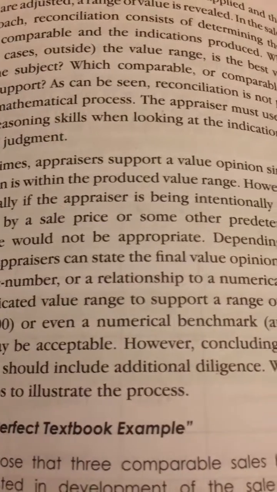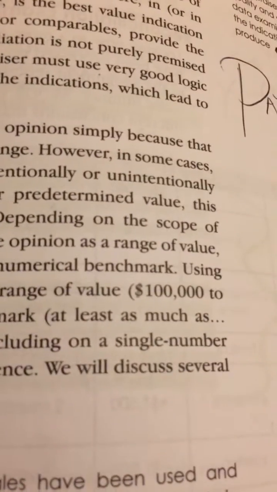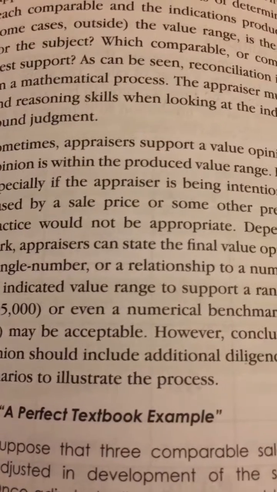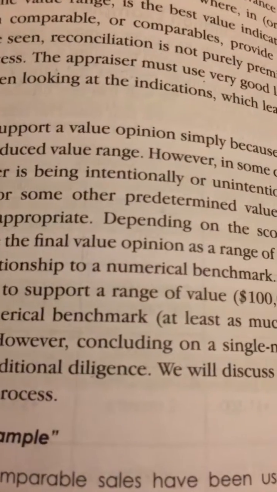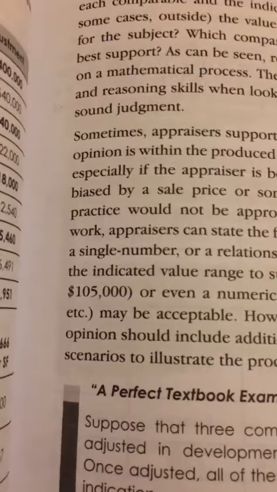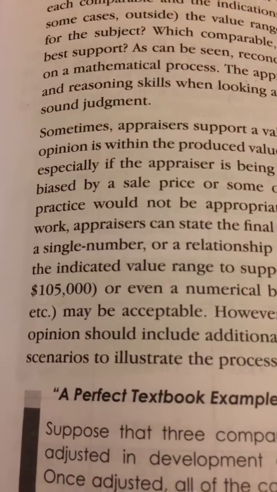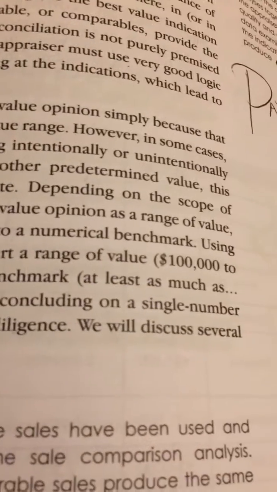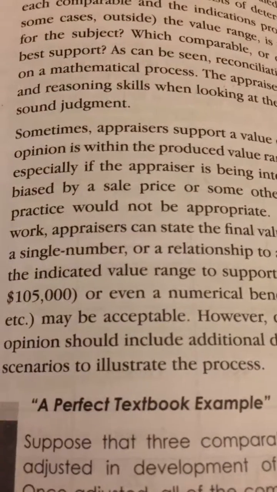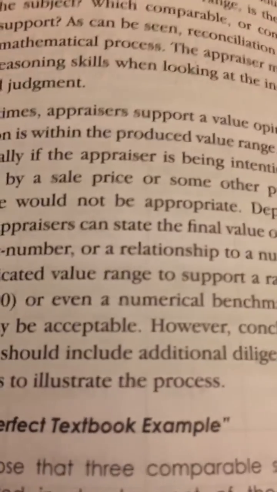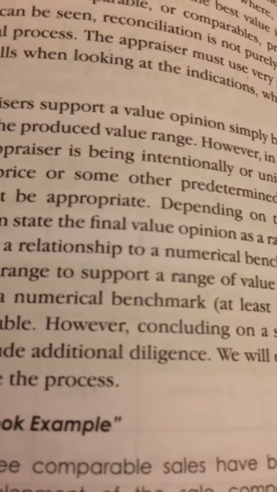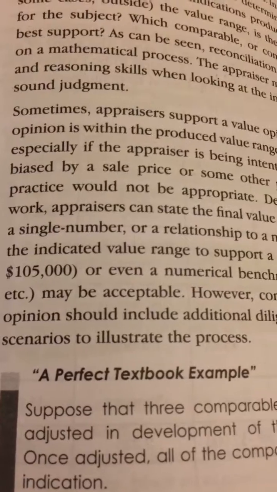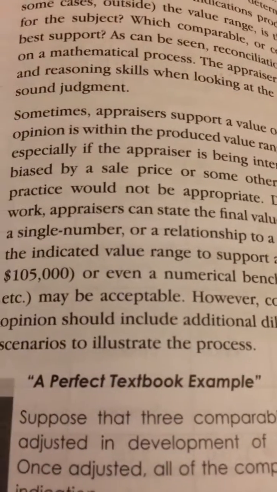Using the indicated value range to support a range of value, $100,000 to $105,000, or even a numerical benchmark, at least as much as, etc., may be acceptable. However, concluding on a single number opinion should include additional diligence. We will discuss several scenarios to illustrate the process.